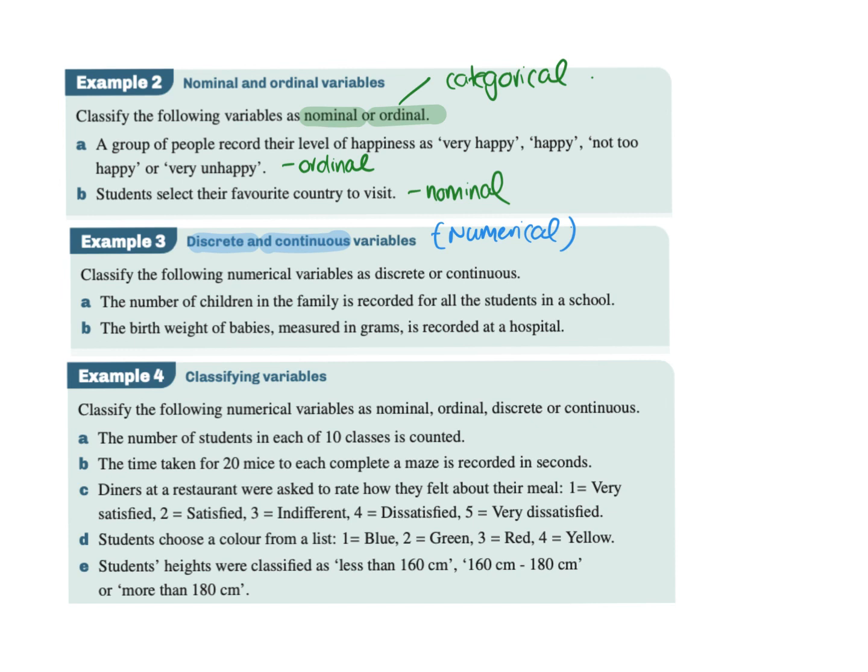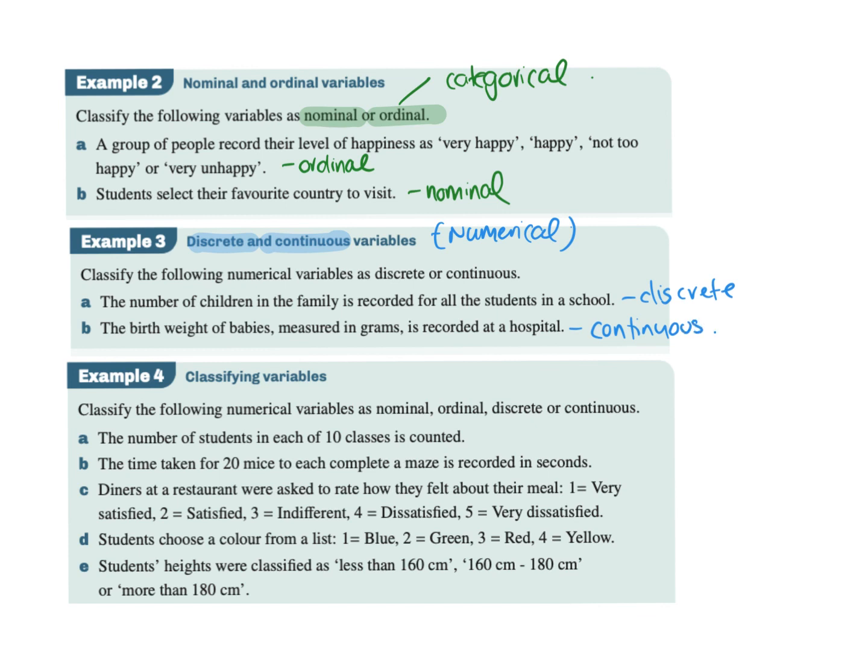So I probably would have counted how many kids there were in each family. So what did I do? I counted. So what's that one going to be? Discrete. Yep, good. Excellent. And the birth weight of babies measured in grams is recorded in a hospital. What's that one? Continuous. Yeah, it was given away because of the way it was recorded. It had the word measured there.